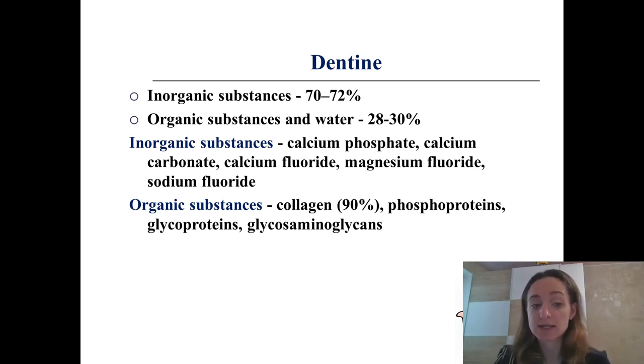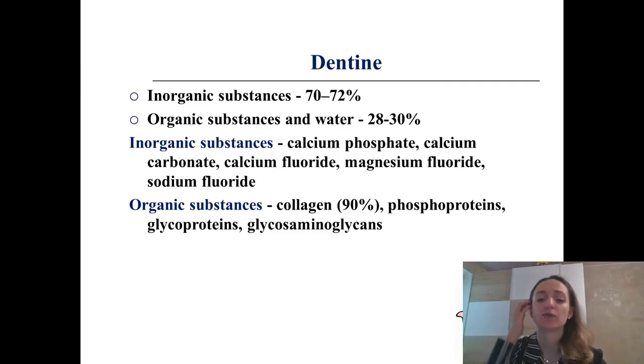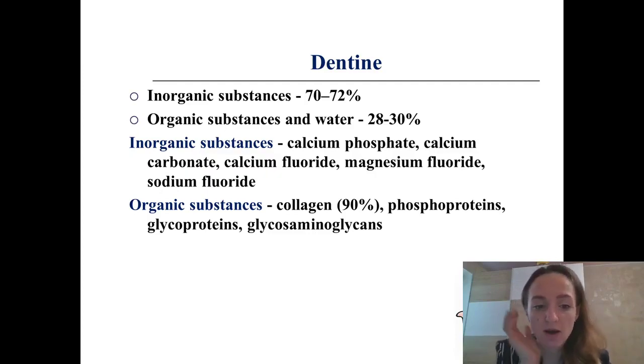Inorganic: calcium phosphate, calcium carbonate, calcium fluoride. Then organic: it's collagen, 90%, phosphoproteins, glycoproteins.